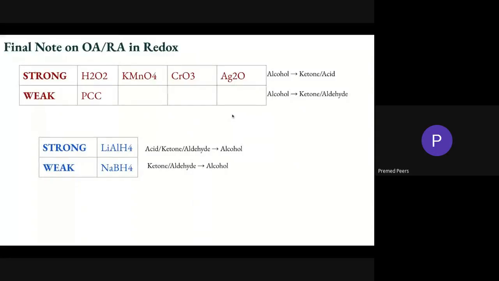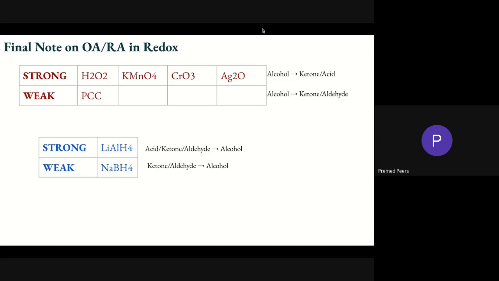Okay, so the only thing that I would note right here is the strength of the oxidizing agent and also the reducing reagent. Above, I listed all the ones that are oxidizing.